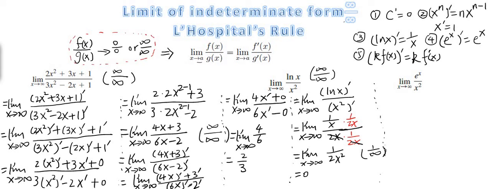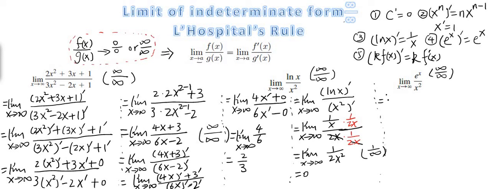Now let's take a look at the last example, and again the first thing we're gonna do is check the numerator and denominator when x approaches infinity, and then we can easily find that it belongs to infinity over infinity. So that means we can apply L'Hopital's rule to solve this limit.